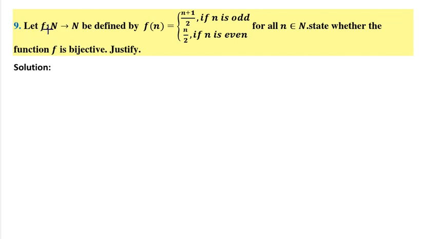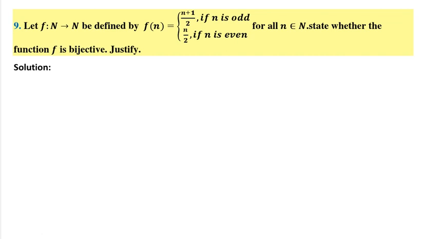The next question: the function mapping from natural numbers into natural numbers, and f of n is (n plus 1) by 2 for n an odd number, n by 2 for n an even number, for all n belongs to natural numbers. State whether the function f is bijective and justify your answer.